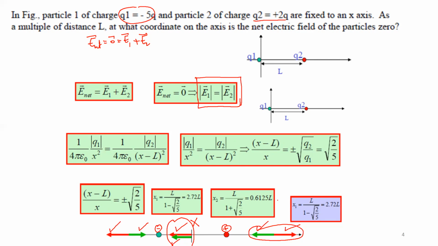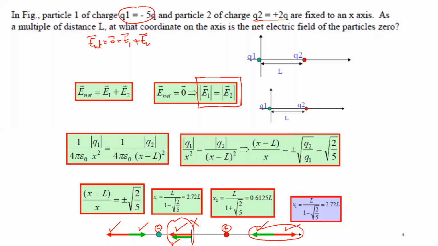So the solution will be given here, basically this one. Not this one, because this one means that they are equal in magnitude, but the same direction. And here I know that for a fact, they cannot be equal. So there is no point here that has a net electric field equal to 0.